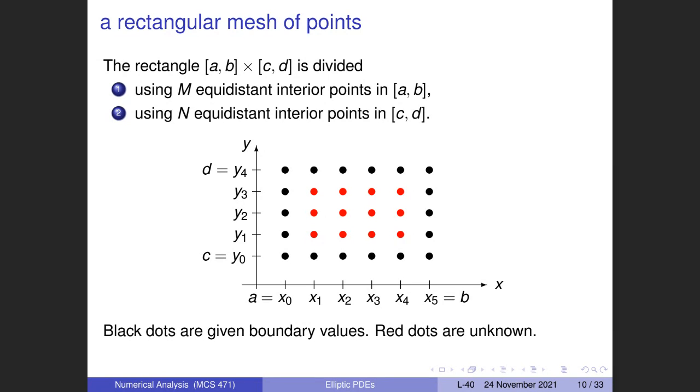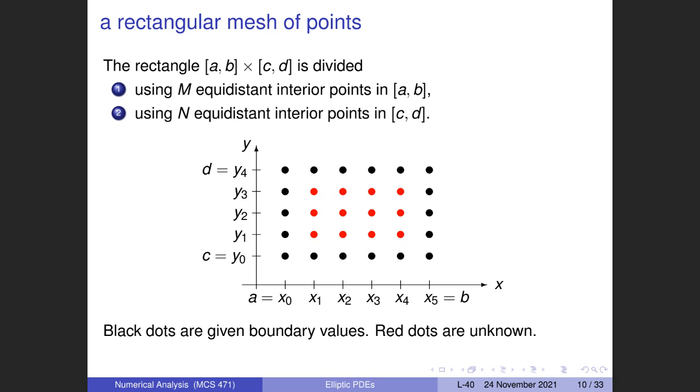We have our rectangle with the bounds a and b on x, and c and d on y. You could see d as the upper bound, c as the lower bound, and we have a left bound a and a right bound b. So we can give names to the four constants that define our rectangular domain.